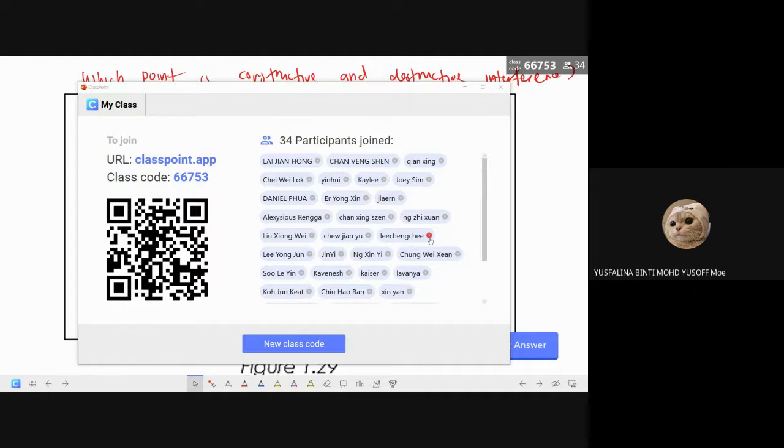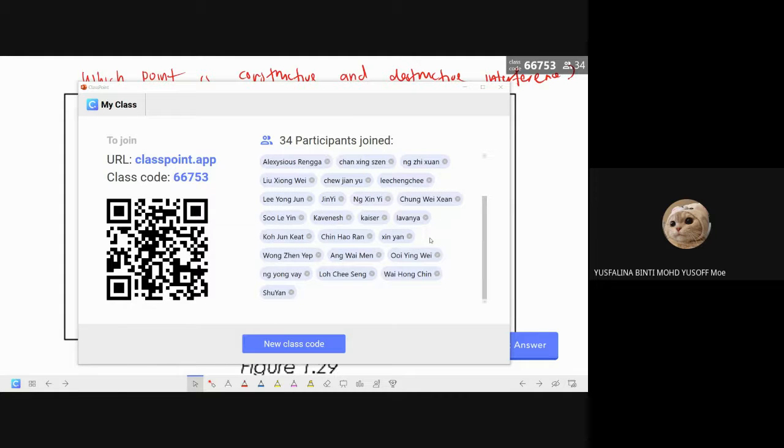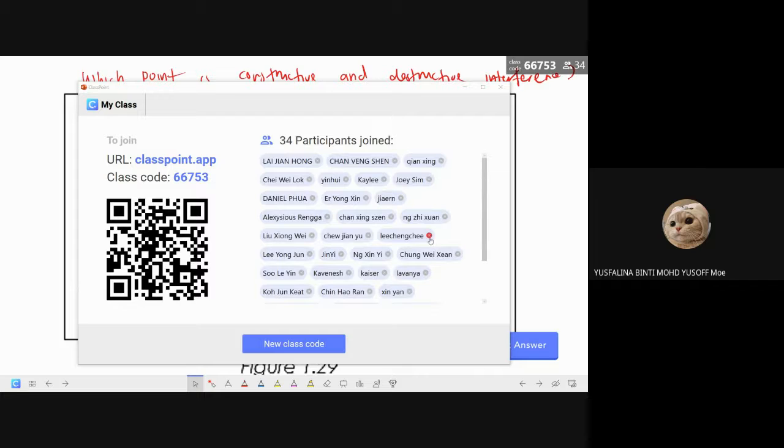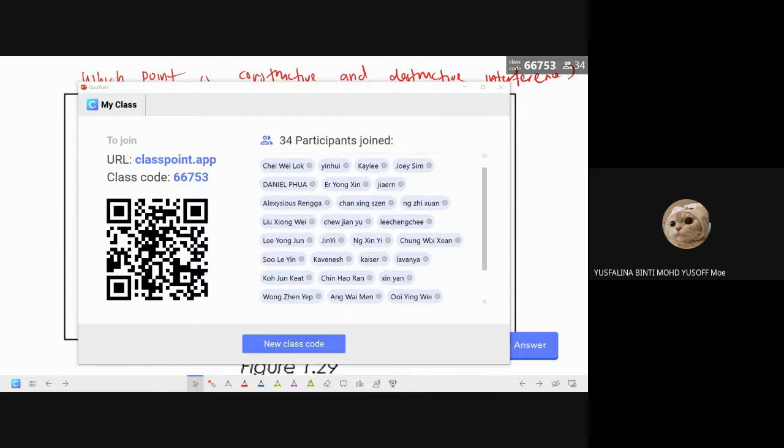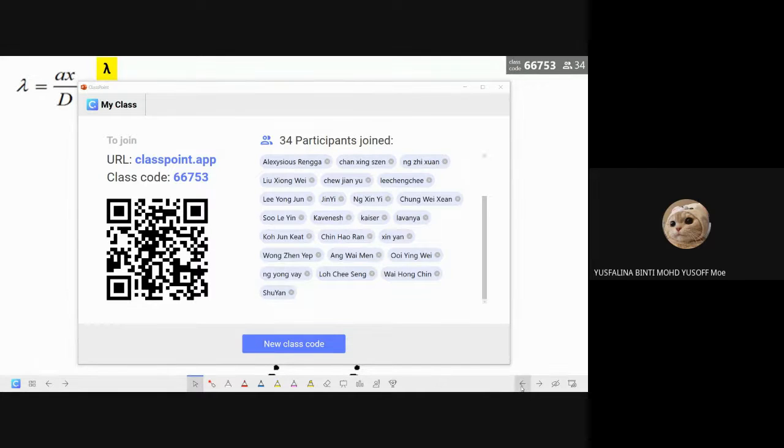Jiang Wei, Liu Jiaru, Lo Chi Seng, Lu Ling Jing Yi, Ng Jing Yi, Teacher Alice, Elvis, Ethan, and Lee Wendy. That's 54. Okay, everyone is already here. Alright, so let's continue to our lesson today.